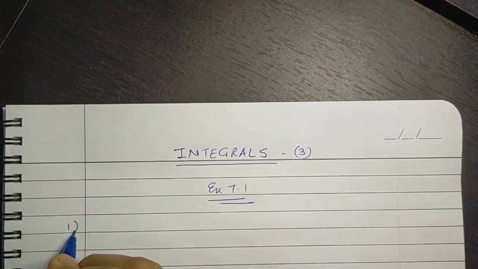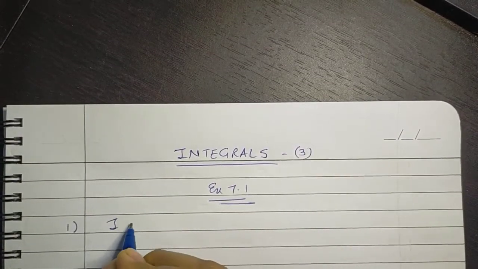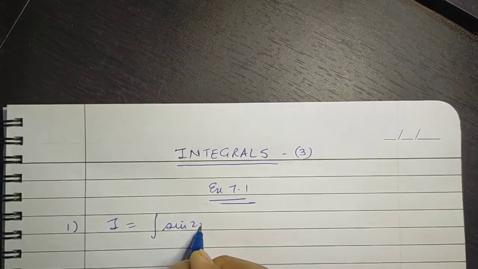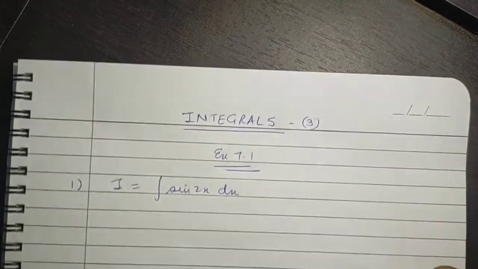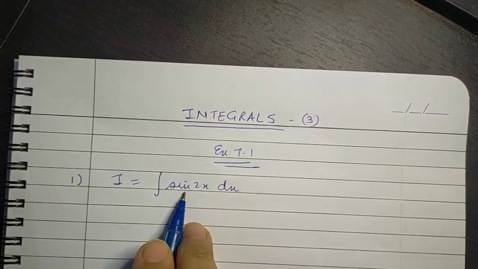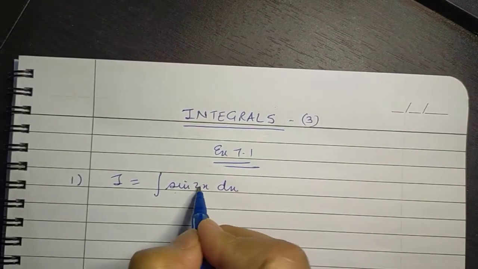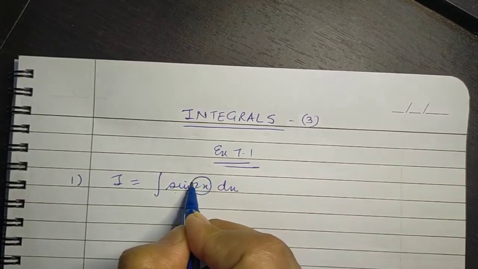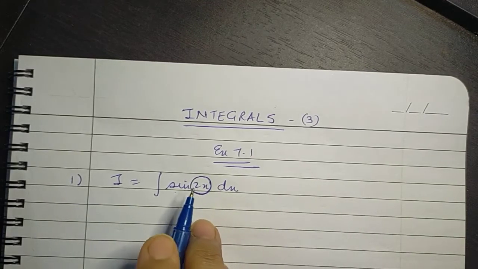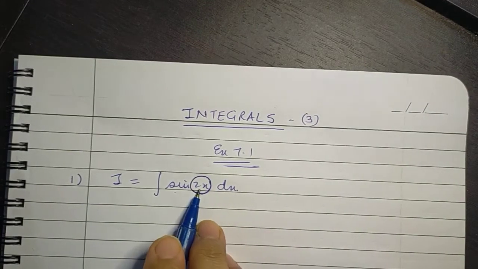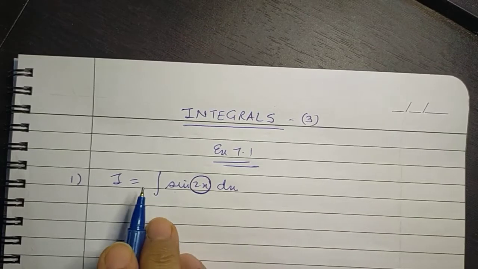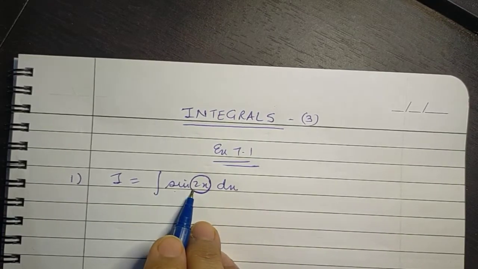Now in the first question we have to find the integral of sine 2x. We know how to find the integral of sine x, but here instead of x we have 2x. We aren't aware of how to deal with this.